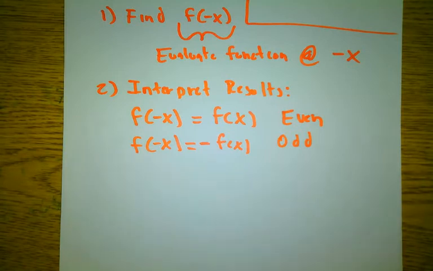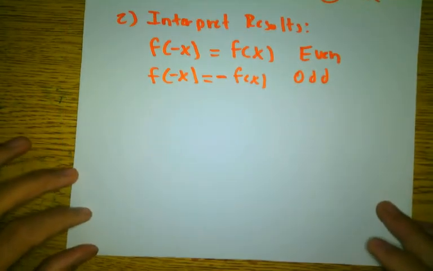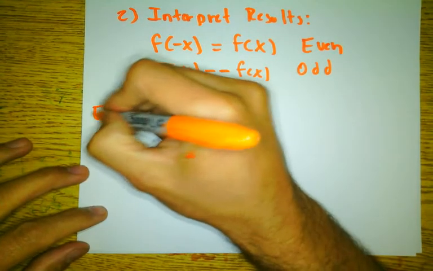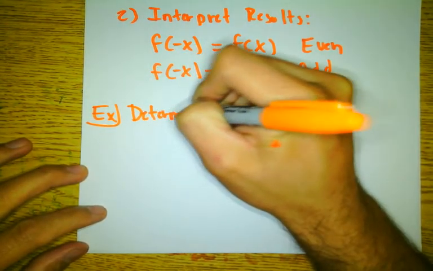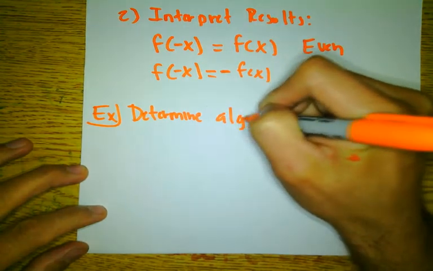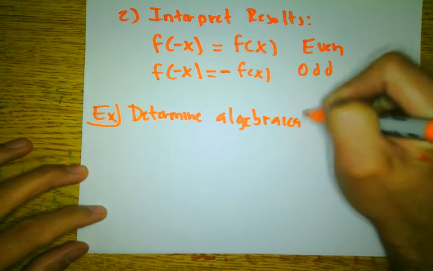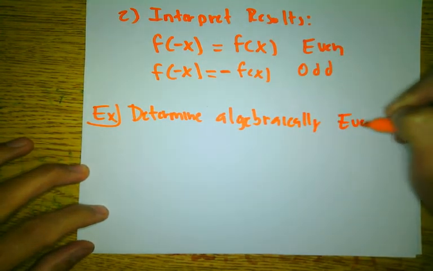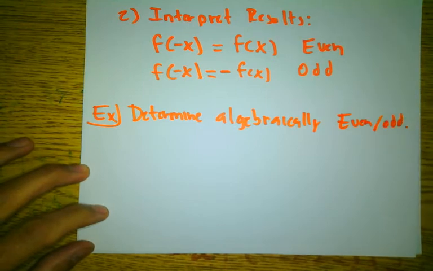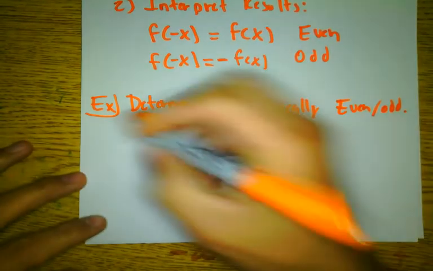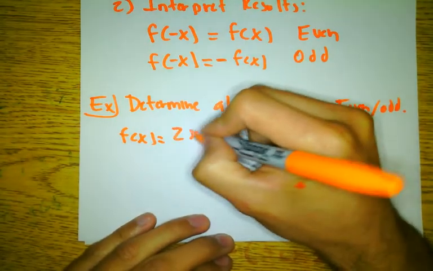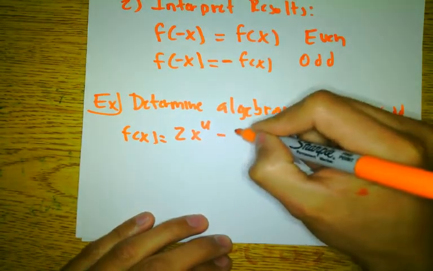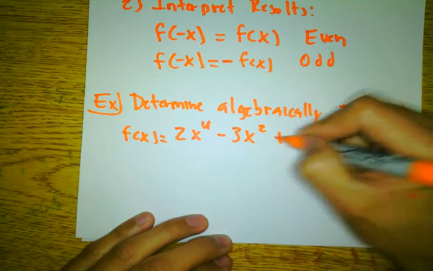All right, let's do an example. Ready? Okay. So we're going to determine algebraically whether it's even or odd or neither. Cool? All right, so here's my function. f of x is equal to 2x to the 4th power minus 3x squared plus 1.